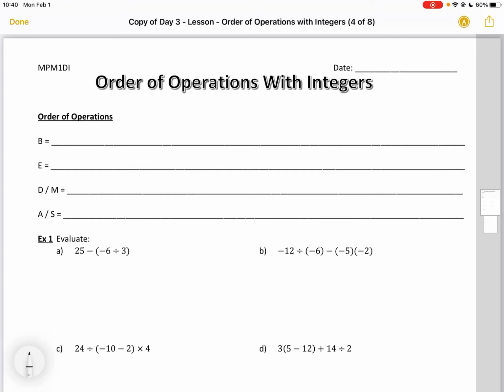This video goes over how to evaluate expressions involving order of operations with integers. So if you recall, our order of operations is going to be our brackets first, exponents next, let's write it this way, division and multiplication in the order they appear.